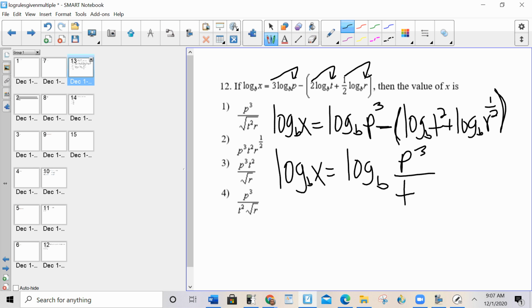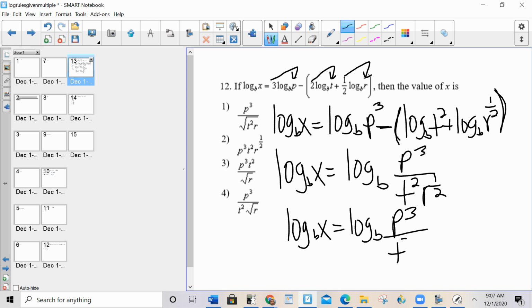So it's going to be the t squared on the bottom, and the r to the 1/2 on the bottom. So log base b x equals log base b. The only thing I can do is that fractional exponent I can make into a radical. It's not that you have to, but if it's multiple choice, you're going to likely see it that way.